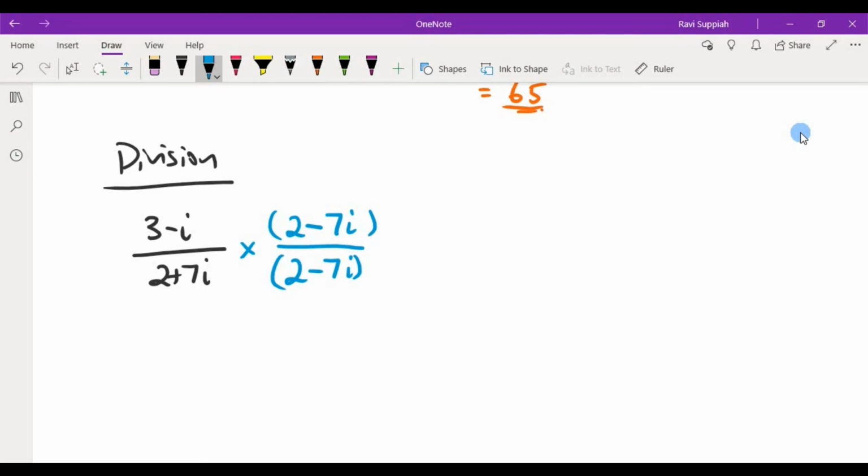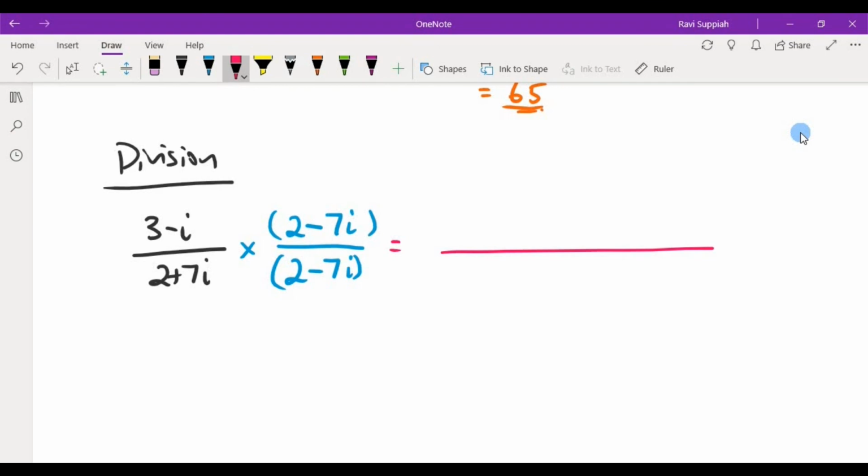But as a result of this operation, the denominator is the multiplication of a complex number with its conjugate, which means after I complete this operation, the denominator will only have a real part without the imaginary part. So let's see how this works.